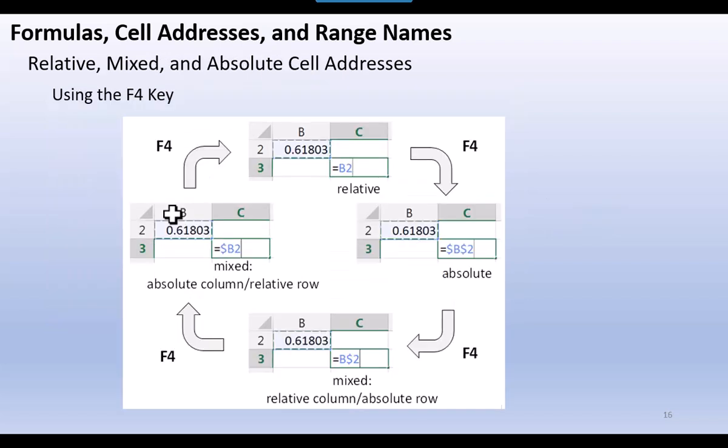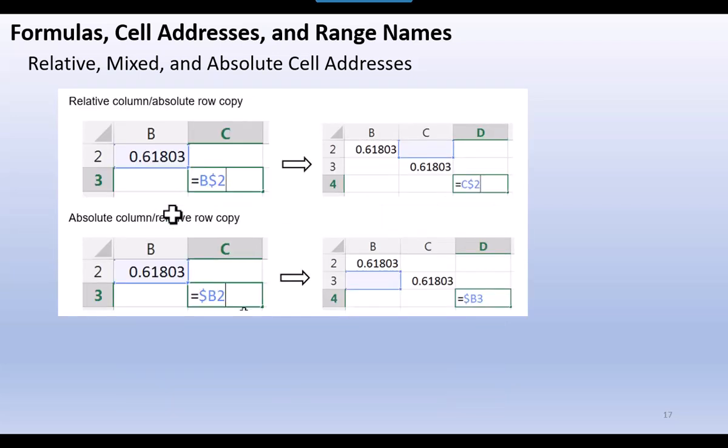This shows the circular scheme we can use with the F4 key to move amongst all the different addressing modes: from relative, to absolute, to relative column absolute row, to absolute column relative row, and back to relative. Then these were the exercises we used to illustrate how the referenced cell moves when you use mixed addresses, okay?